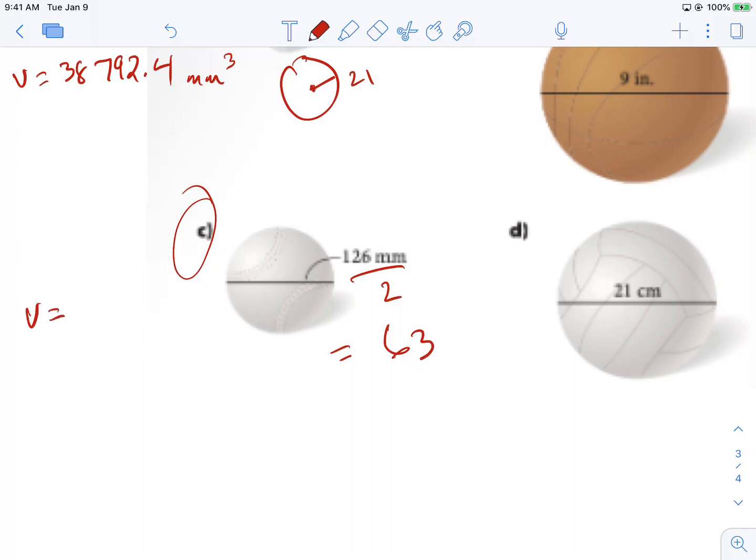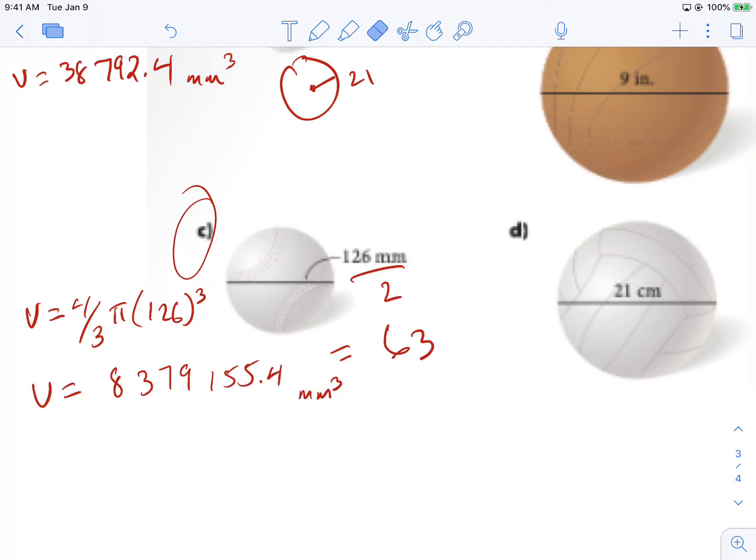Okay, so volume equals 4 over 3 pi and then r cubed, so 126 cubed, and we end up with 4 over 3 pi times 126 to the power of 3, and volume equals 8,379,155.4 millimeters cubed.